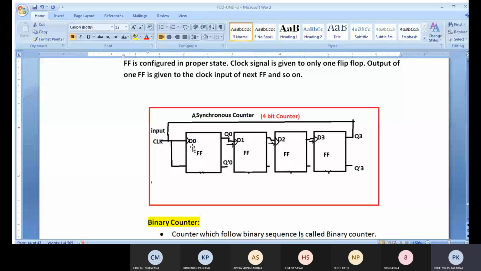This kind of arrangement is called an asynchronous counter. It requires more time as compared to synchronous because if a flip-flop wants to change its state, it requires a clock pulse, and at a time only one flip-flop can change its state. This is how synchronous and asynchronous counters differ.